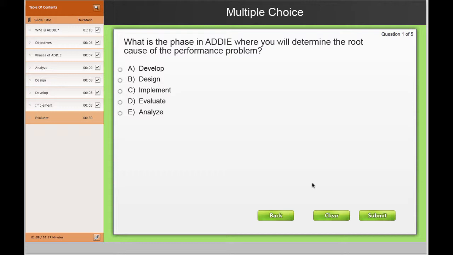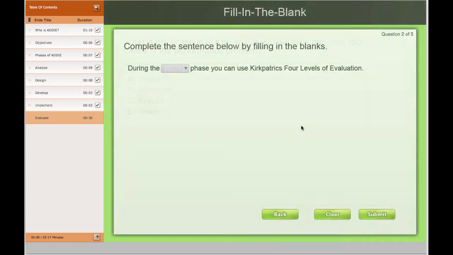What is the phase in ADDIE where you will determine the root cause of the performance problem? Complete the sentence below by filling in the blanks. During the blank phase, you can use Kirkpatrick's 4 levels of evaluation.